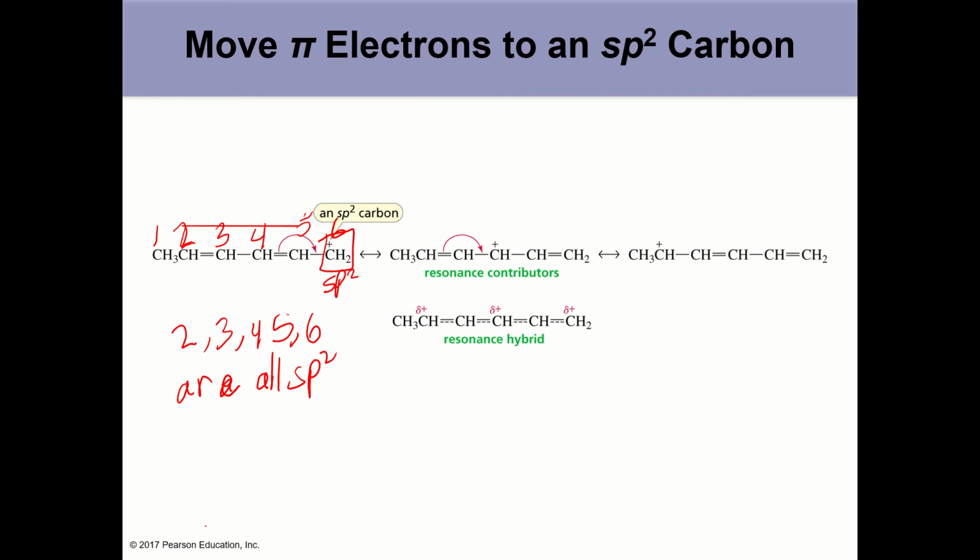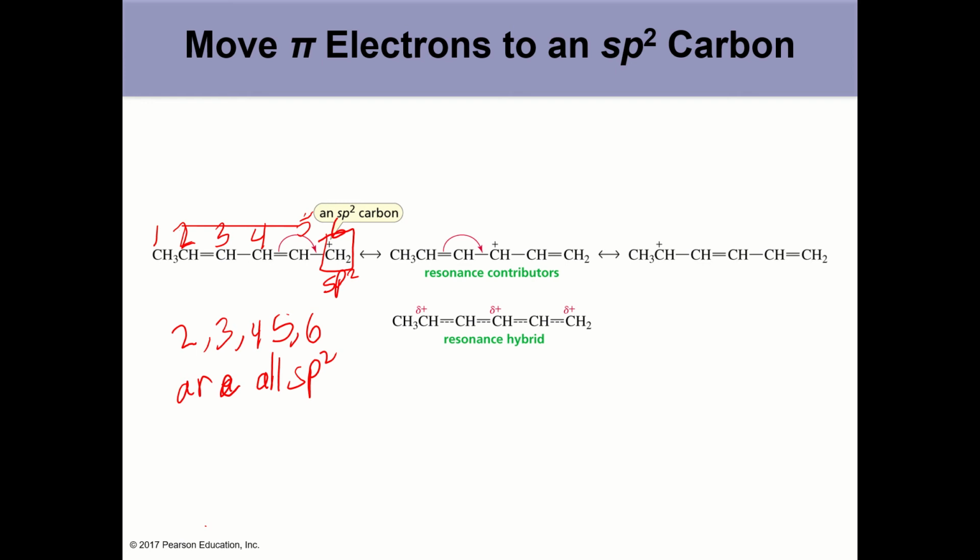So the pi electrons between 2 and 3 are allylic to carbon 4, which is sp2 hybridized. So those electrons can move. The pi electrons between carbon 4 and 5 are allylic to sp2 carbon 6, and so those pi electrons can move.